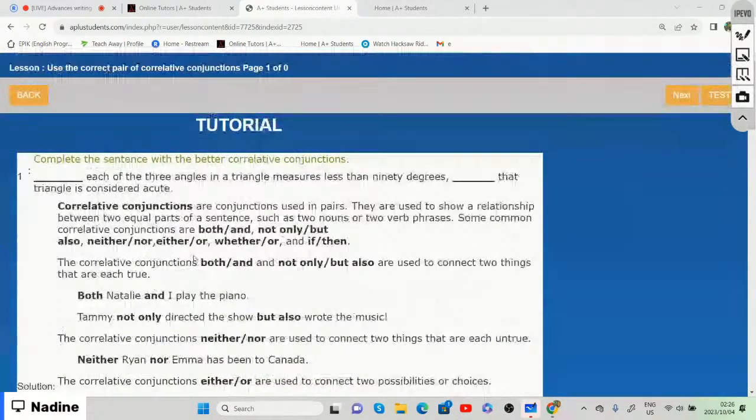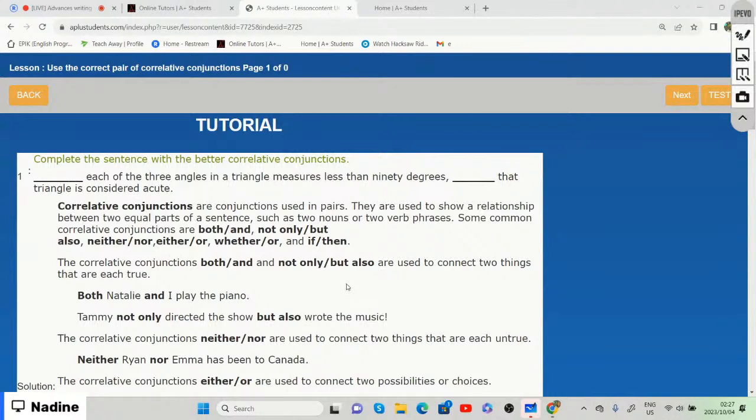All right. So now we're going to do an activity. It says each of the three angles in a triangle measures less than 90 degrees. That triangle is considered acute. We need to choose one of the common correlative conjunctions.